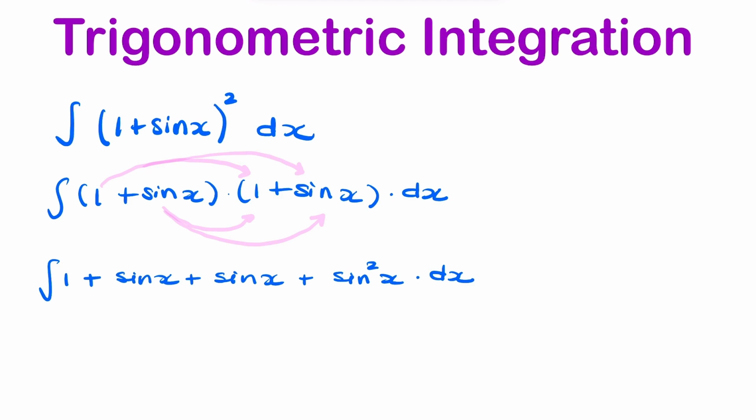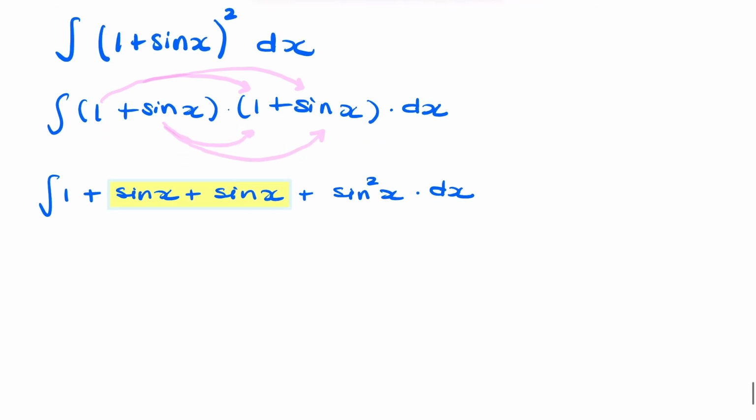And we can combine these like terms. That gives us 2 sine x. So that now gives me 1 plus 2 sine x plus sine squared x dx.